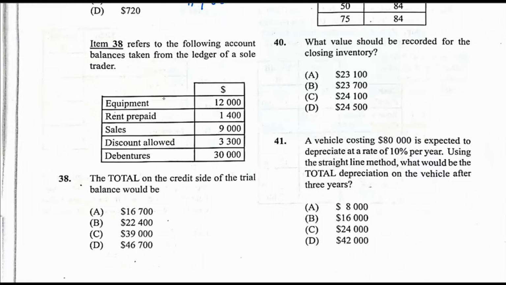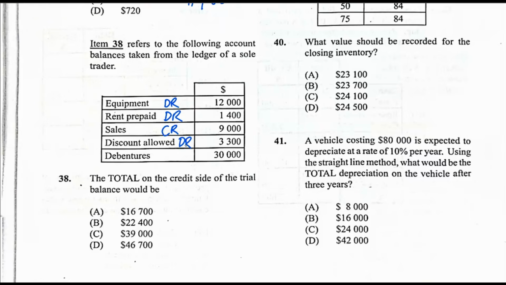So let's check that. Equipment is an asset. Assets normally have debit balances. Rent prepaid is an asset, normally a debit balance as well. Sales is income, normally a credit balance. Discount allowed is an expense, normally a debit balance.